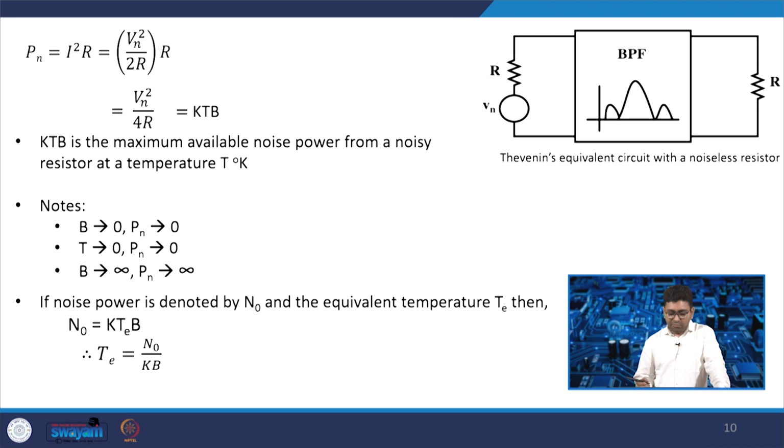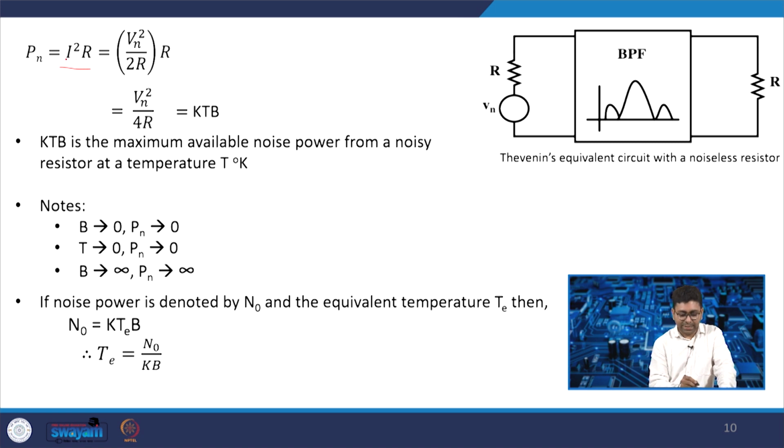Now let us consider a bandpass filter. There is one resistor, and to make that resistor noiseless, I add the noise. This resistor has a noise voltage Vn, and we ask how much power it will deliver to the other resistor R. We can write Pn, which is I squared R, the noise power.